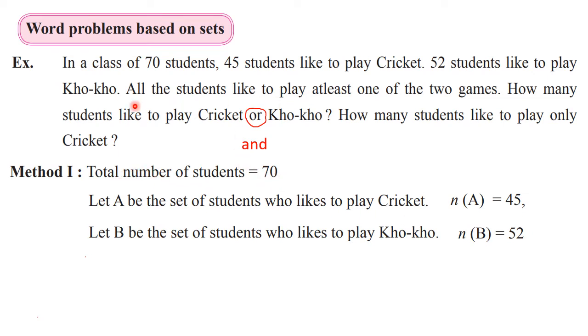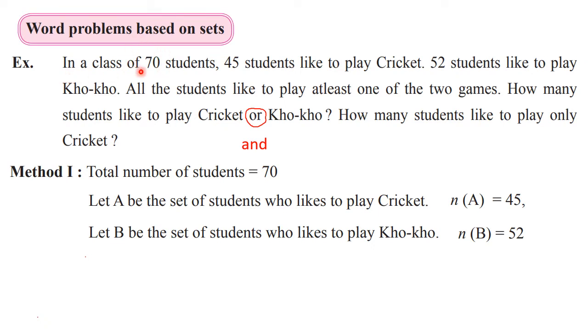Now the next statement you read, all the students like to play at least one of the games. That means out of these 70 students, all the students either play cricket or play kho. Okay, that means there is not a single child in the class who is not playing any of the games. Either they are playing cricket or they are playing kho.